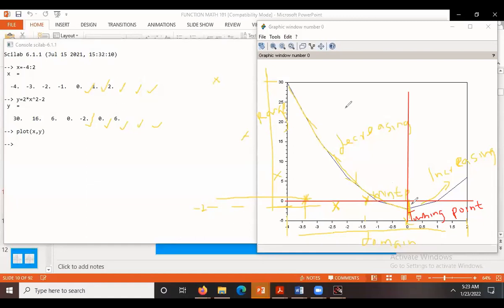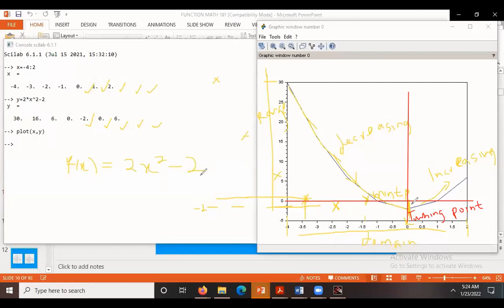We want to plot a graph, but let's change it. The graph we've just plotted is a quadratic graph or a polynomial function, f of x equal to 2x raised to the power 2 minus 2, given the domain.